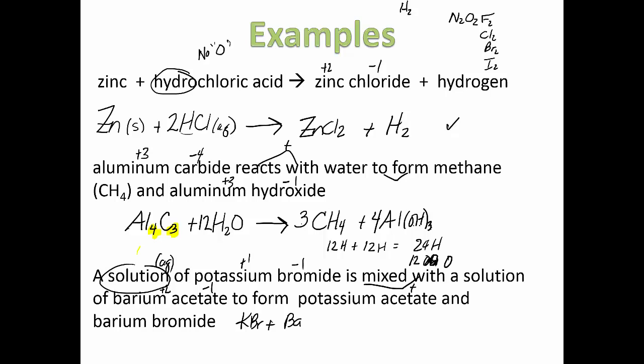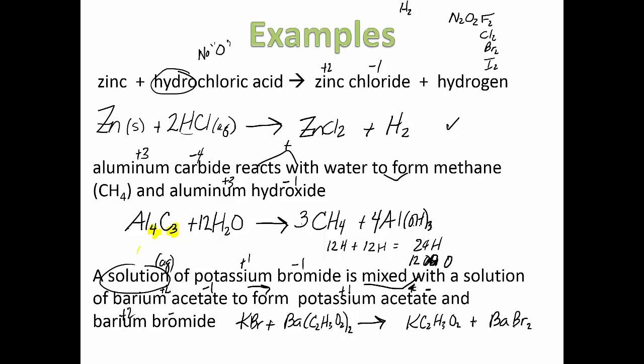So you're going to have barium acetate. To form, turns into an arrow, potassium plus 1, acetate minus 1, KC2H3O2, and barium, we know is a plus 2, bromide minus 1, those haven't changed the charges, so BaBr2. Looks scary, we're going to realize it's really not that bad.